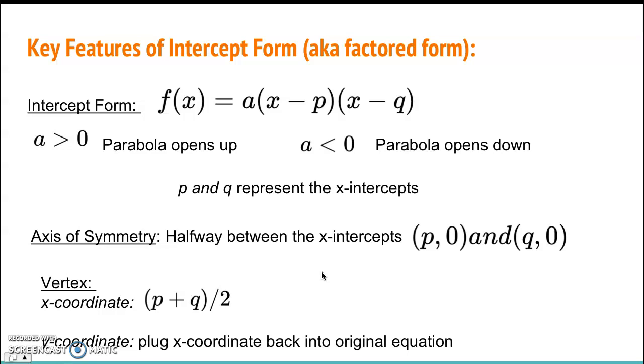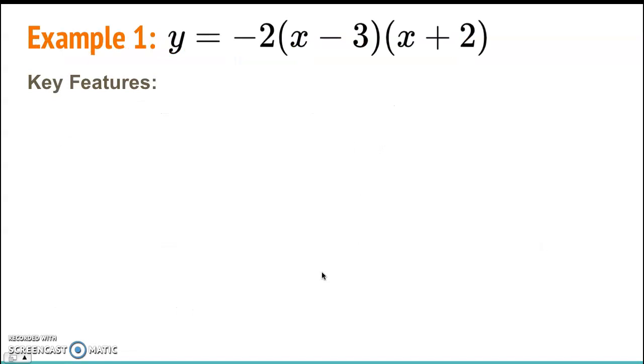So here in example 1, we have y equals negative 2 times x minus 3 times x plus 2. Notice this is example 1 on your guided note sheet, so I want you to fill in the key features as we move along. The first thing to look at is that this is a negative 2 for an A, so we know our parabola is going to open down.